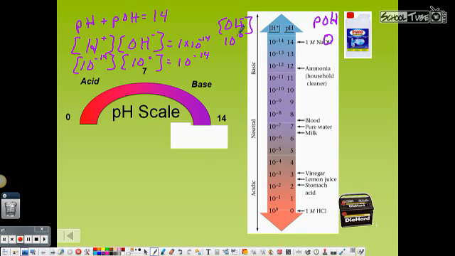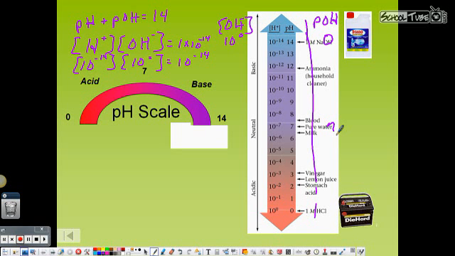And as one goes up, the other one goes down. So I'm not going to do every single one. I'm going to drop down here to the 7. If the pH is 7, what is the POH? 7, because 7 plus 7 equals 14.